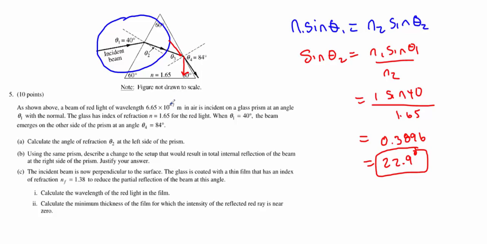So ultimately, our first task for B is to increase theta 3. But we can't just say increase theta 3 because that's an indirect change. We need to know what we can directly do to increase theta 3. So let's think about that. We want the angle at which it's approaching that normal line to go up.